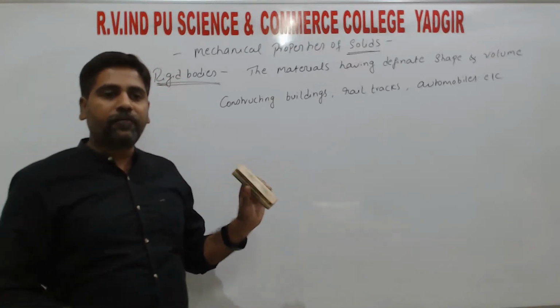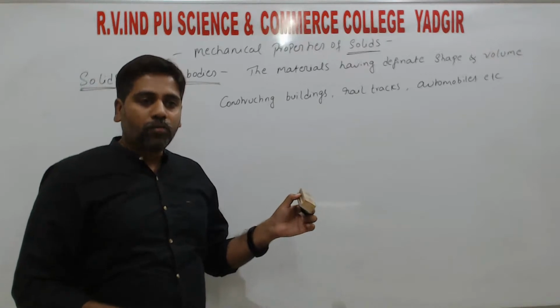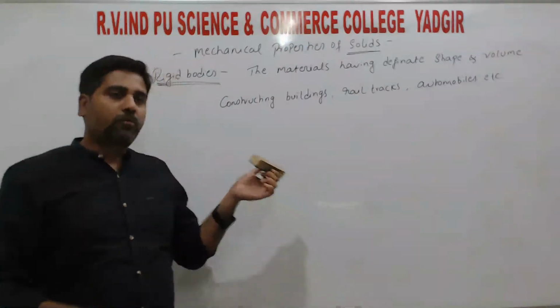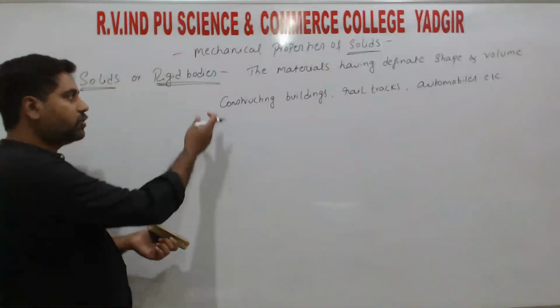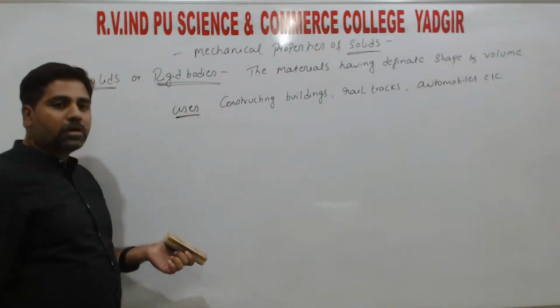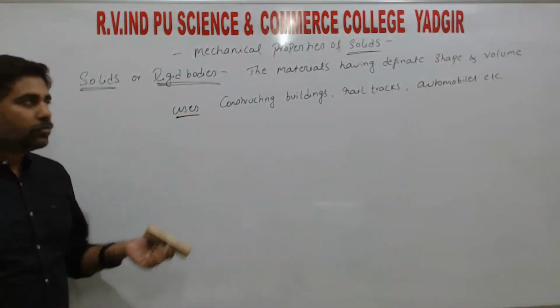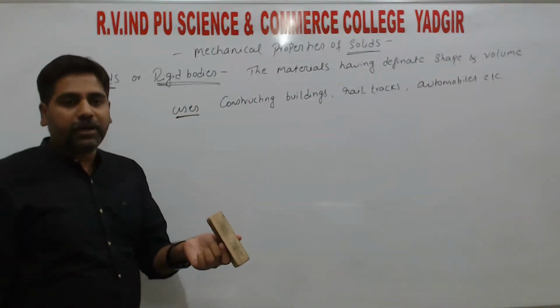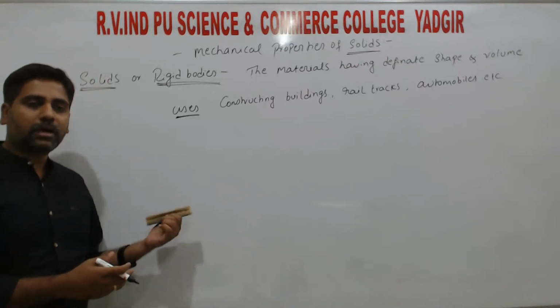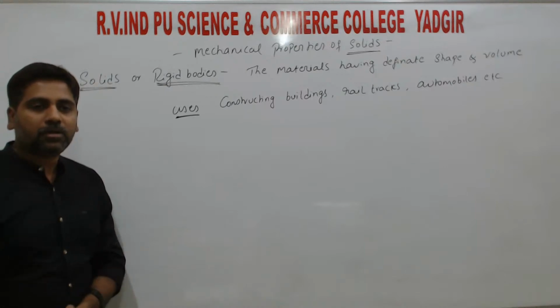It has a definite shape and also volume. So we can take it as an example for a rigid body. Examples of rigid bodies: the duster, stone or brick.